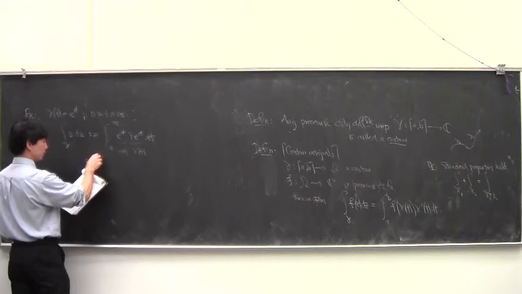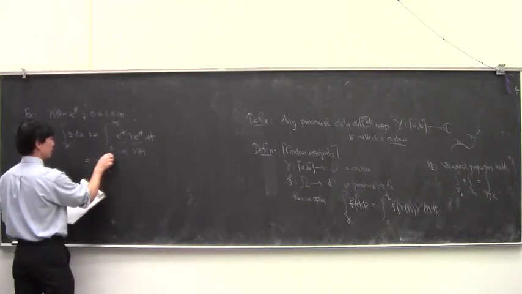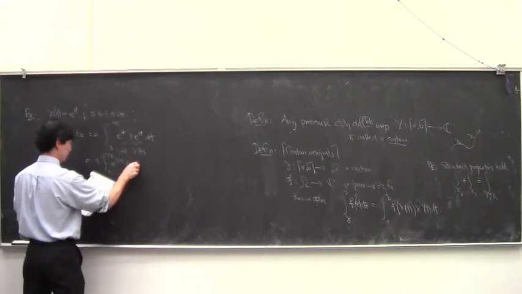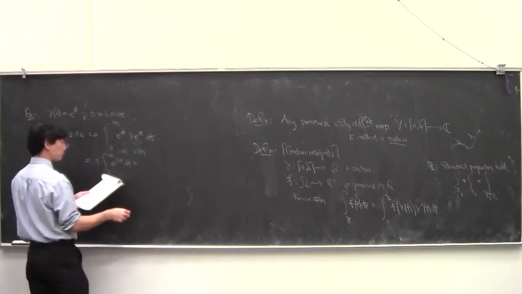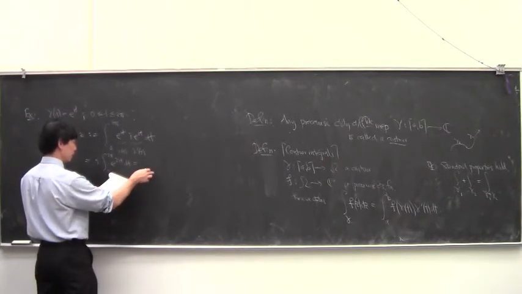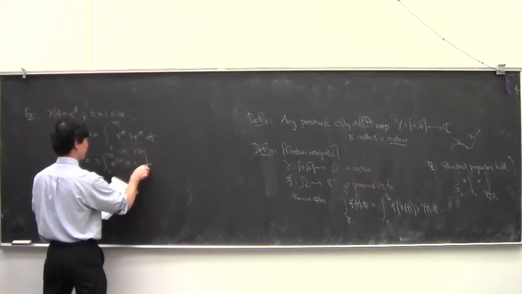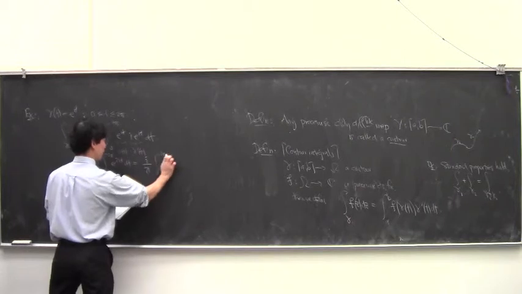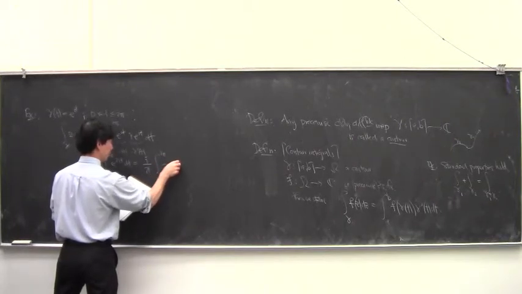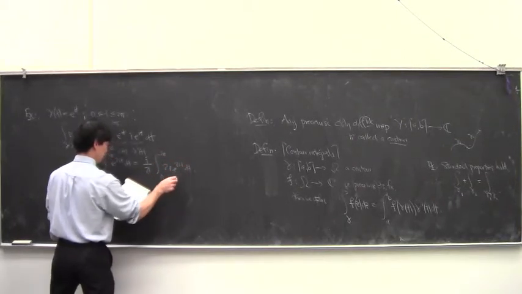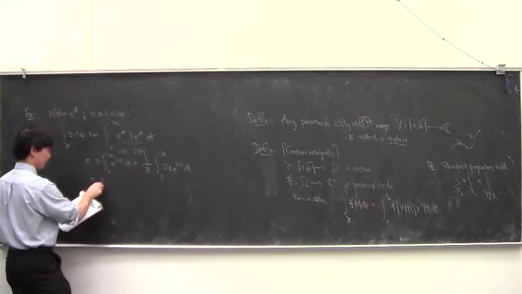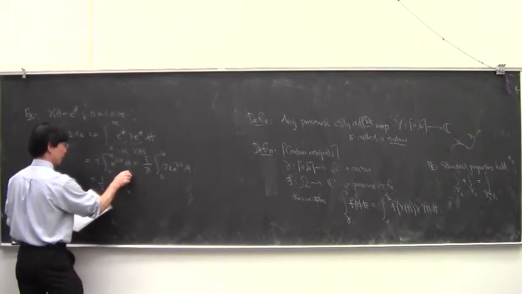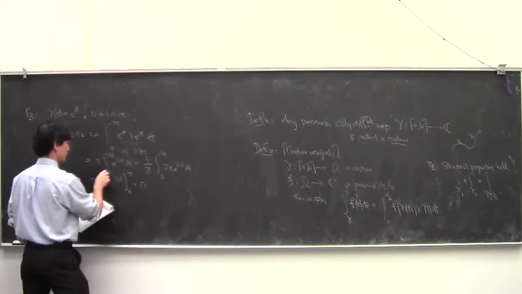So that turns into i times the integral from 0 to 2 pi of e to the 2it dt. You integrate that and you get i over 2i times e to the 2it between 0 and 2 pi, which is 0.